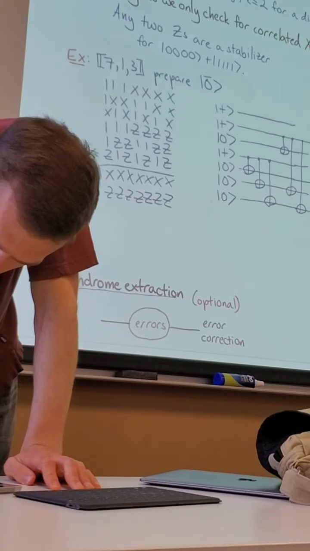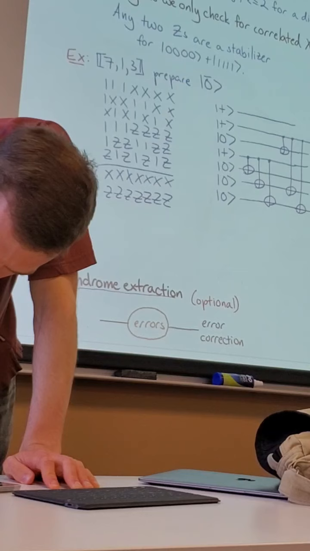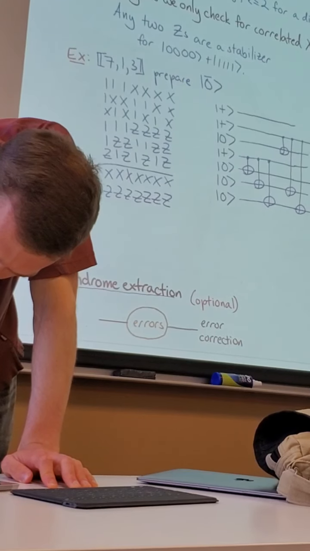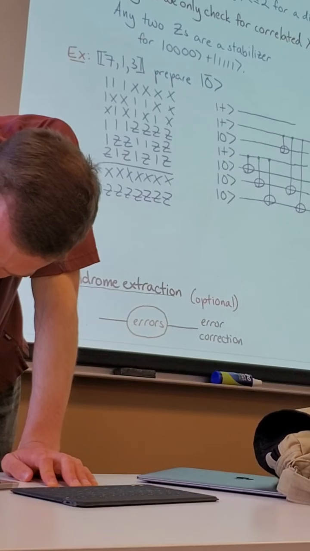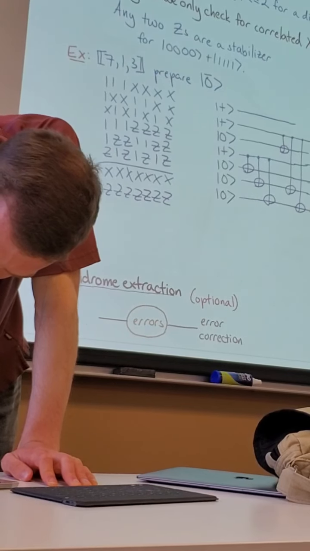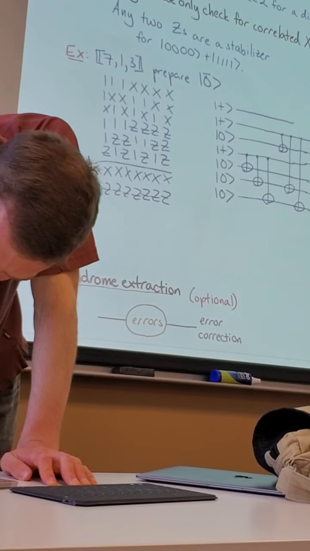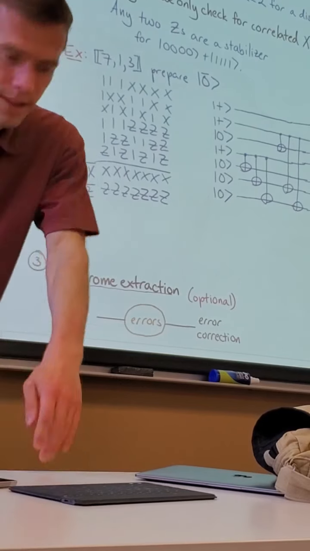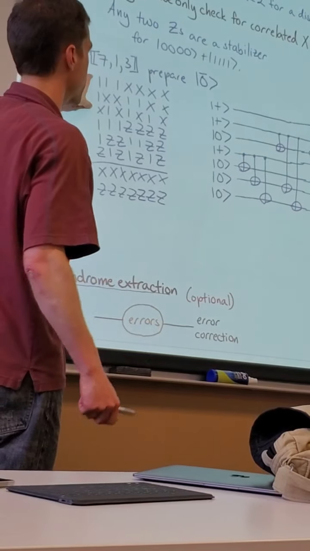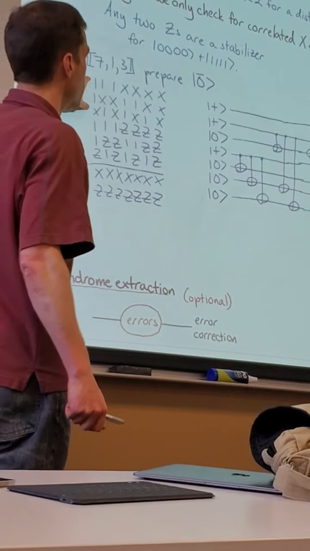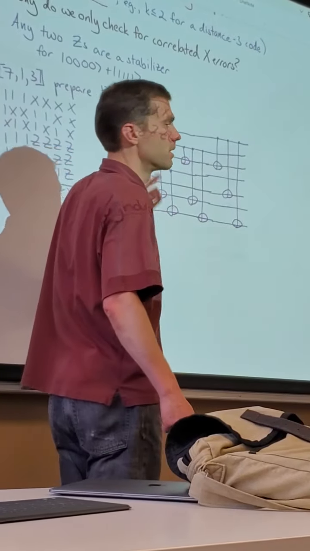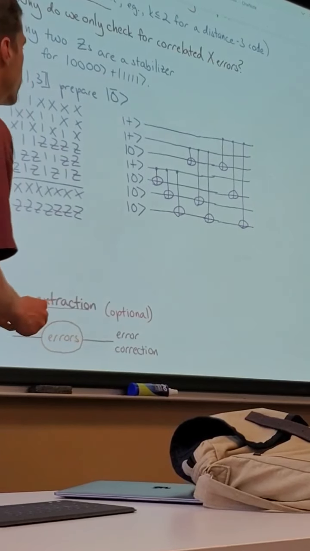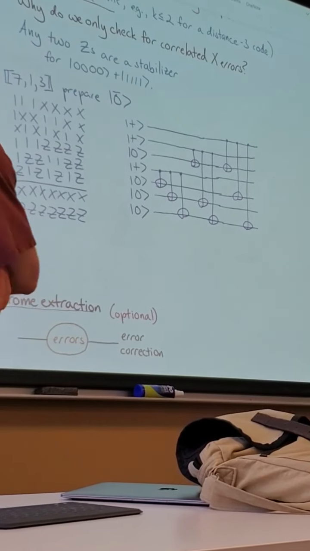And for the first one, let's just do the same thing. Let's do 1 to 3, 1 to 5, 1 to 7. So this gives us all 3 X stabilizers, because again, these C0 gates don't mess up the earlier X stabilizer from before.